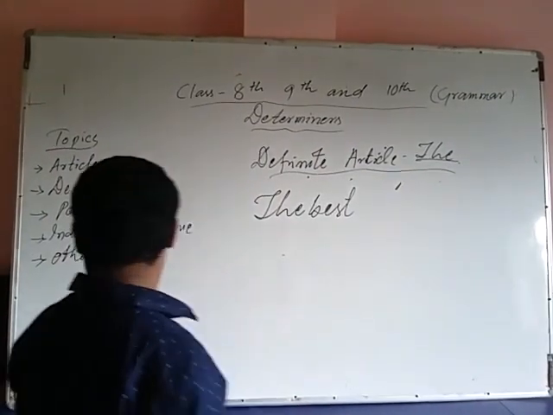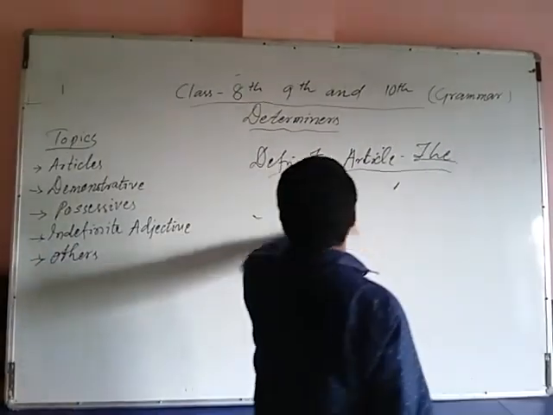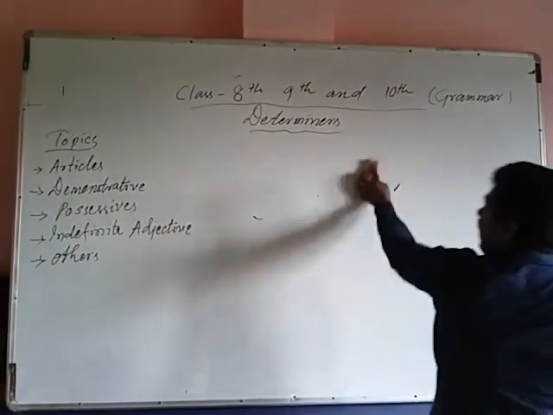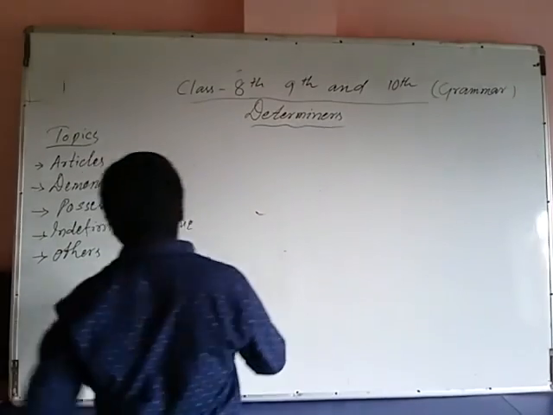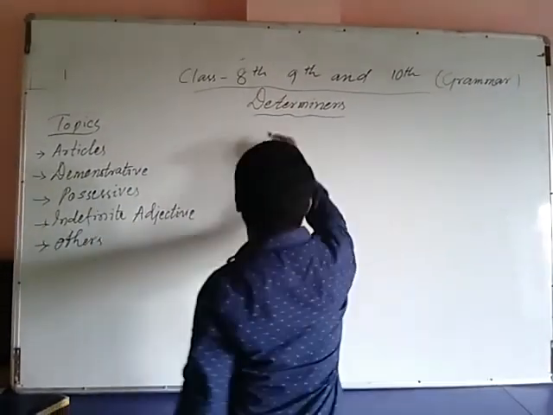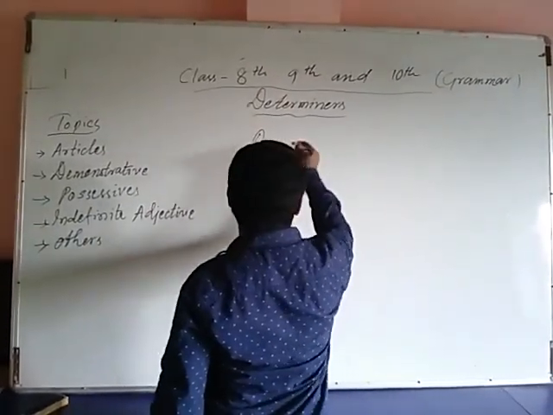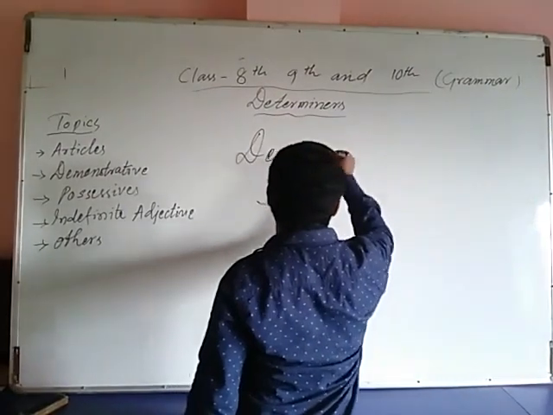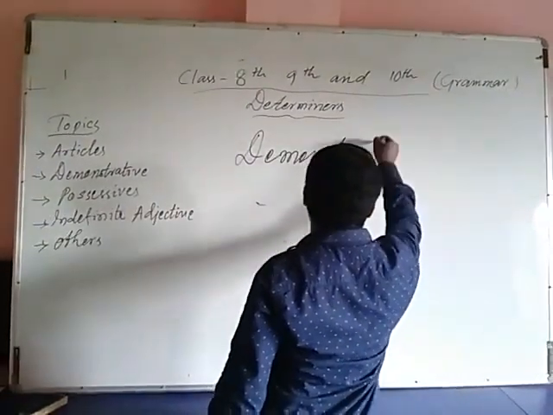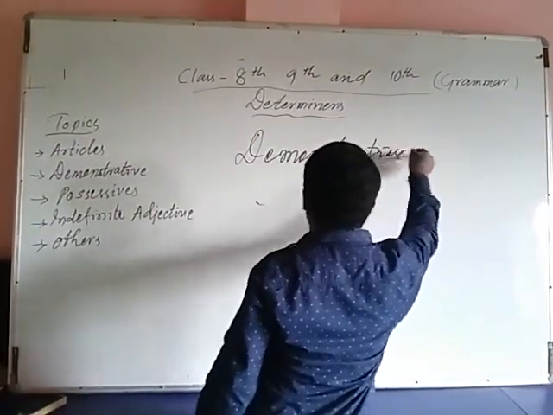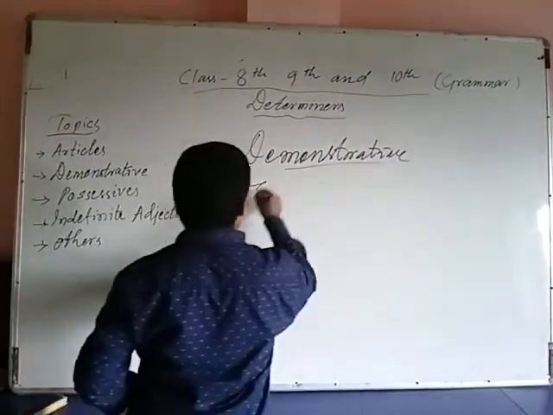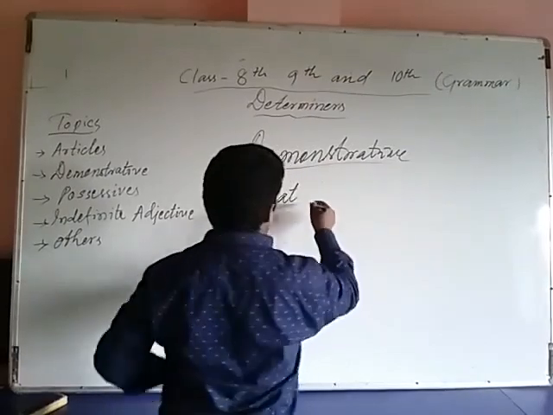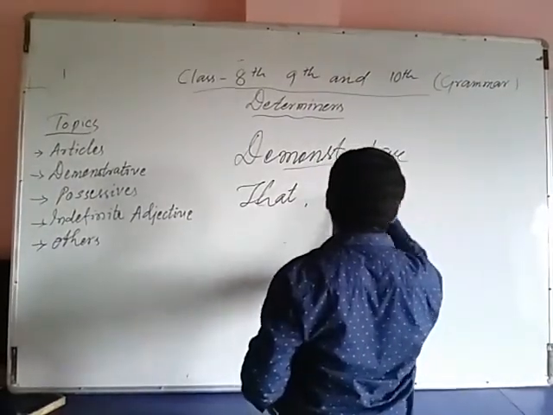So let's discuss another determiner. Another determiner is demonstrative determiners. Demonstrative determiners are of 2 types: that and this.